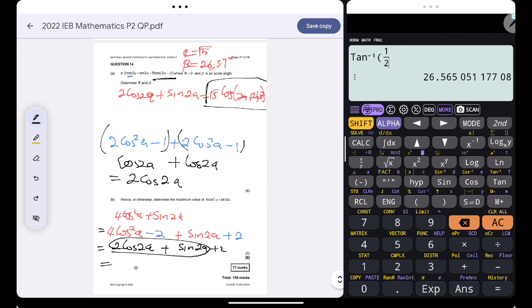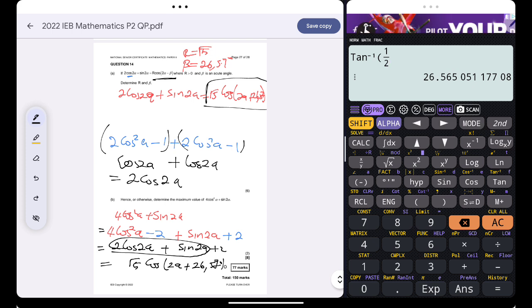So we can simply say we have the square root of 5 cos of (2A plus 26.57 degrees), plus 2. Are you together? They want me to find the maximum here.